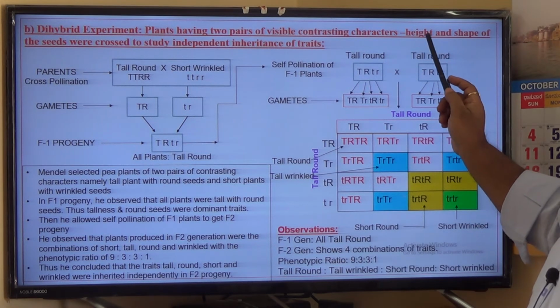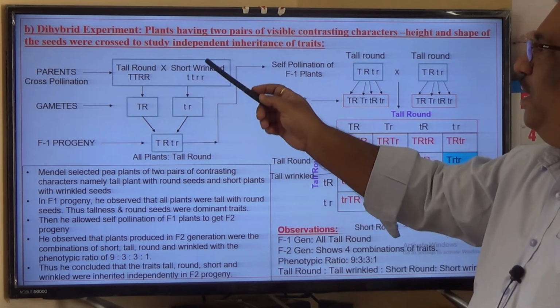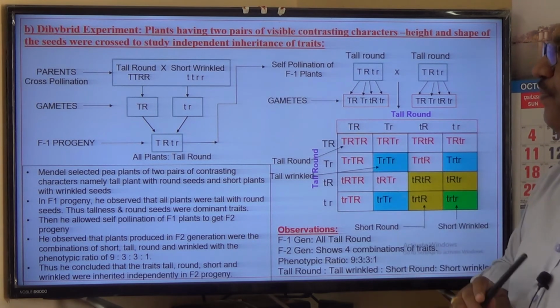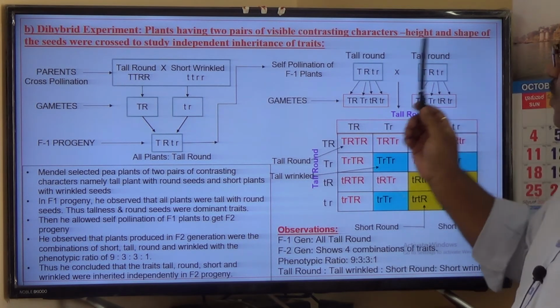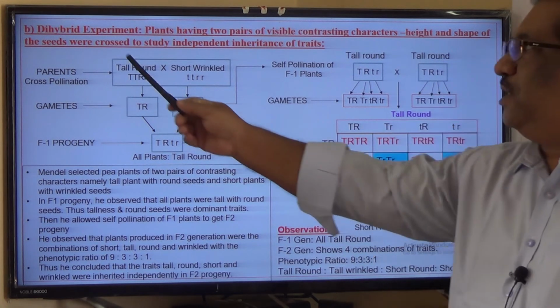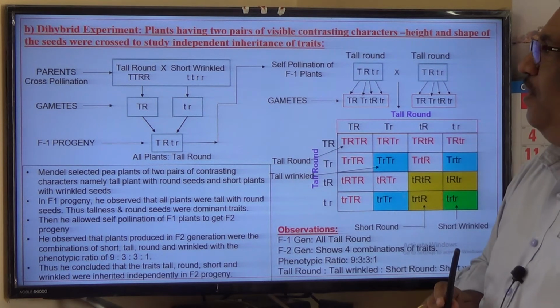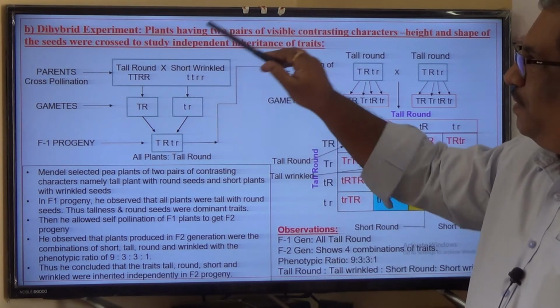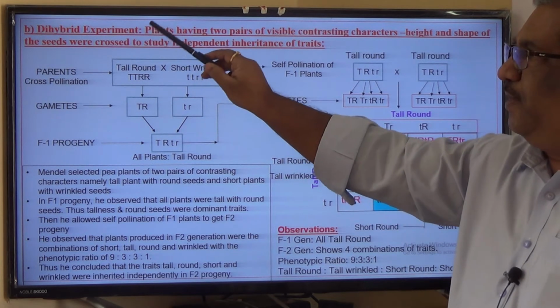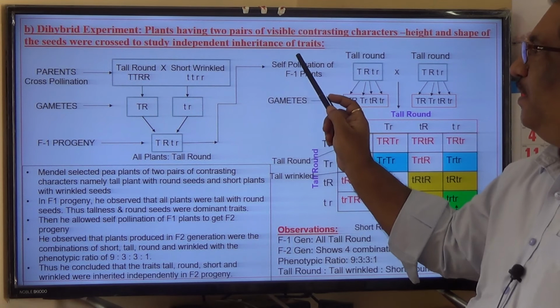For example, height and shape of the seeds were crossed to study the independent inheritance of traits. So, height and shape were considered here. Shape refers to shape of the seeds basically. Height refers to height of the plant. So, this particular experiment, dihybrid experiment, is to demonstrate the independent inheritance of traits.